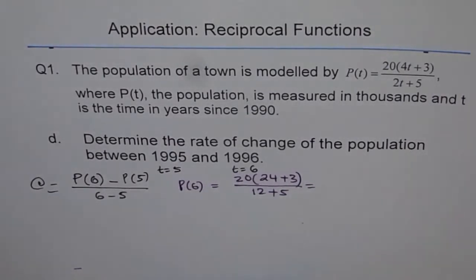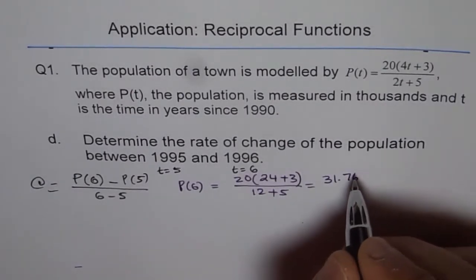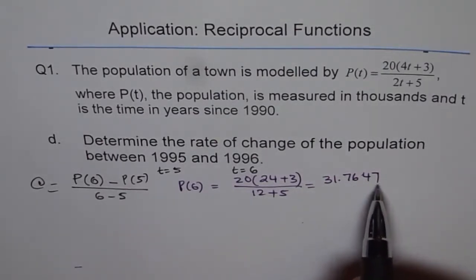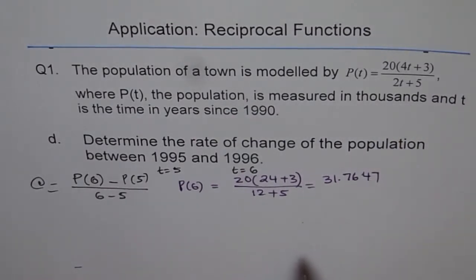So we have 20 times 27 equals 540, divided by 17, which equals 31.7647. The reason for writing these decimals is that the population is in thousands, so I should definitely have 3 decimal places, but I'm putting 4 here.